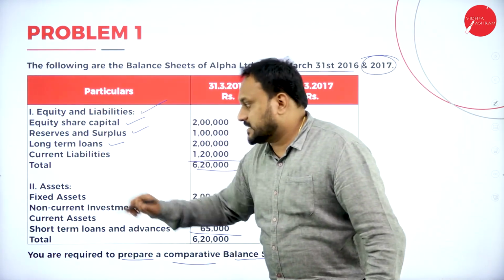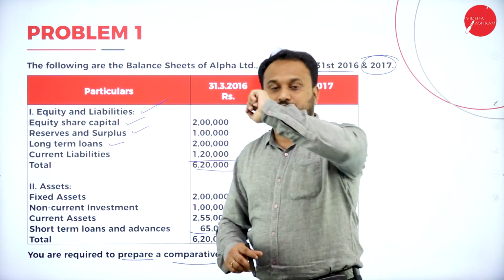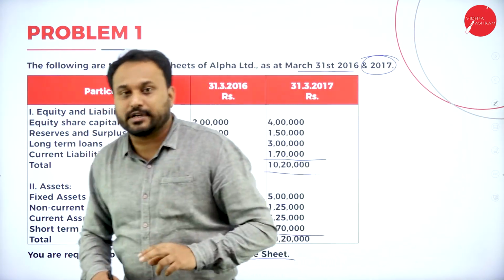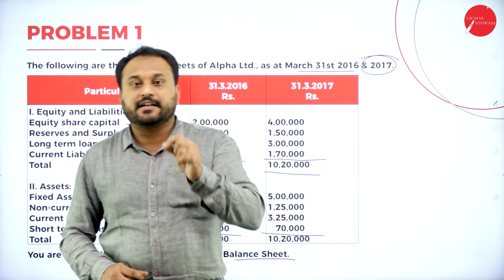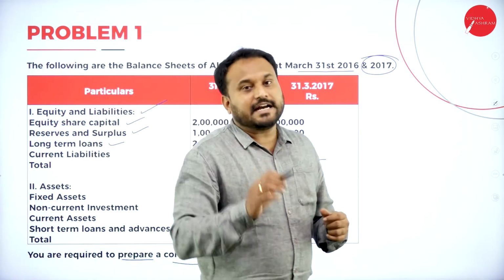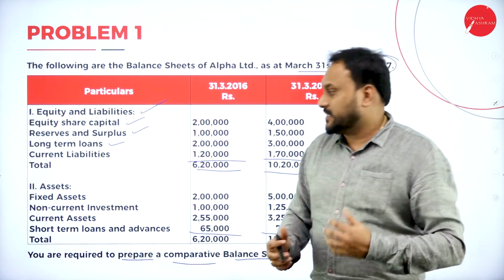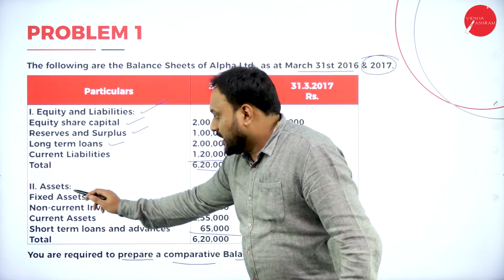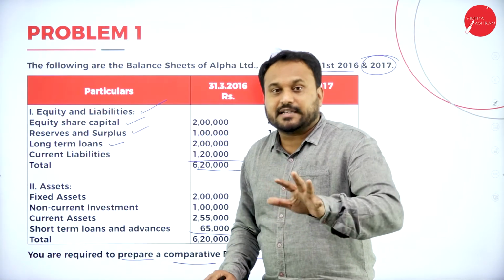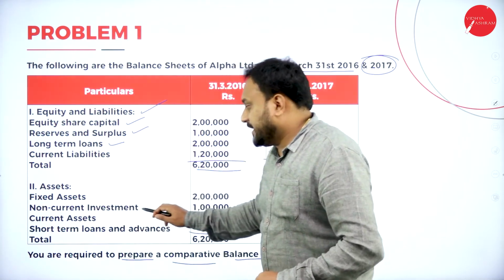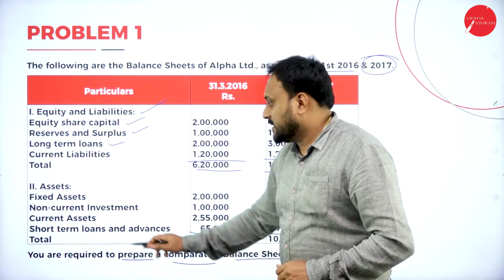Next, come to the assets. Assets are of 2 types: non-current assets and current assets. Current asset means easily converted into cash. Which are the current assets here? Fixed assets are not current assets. Non-current investments are not current assets.